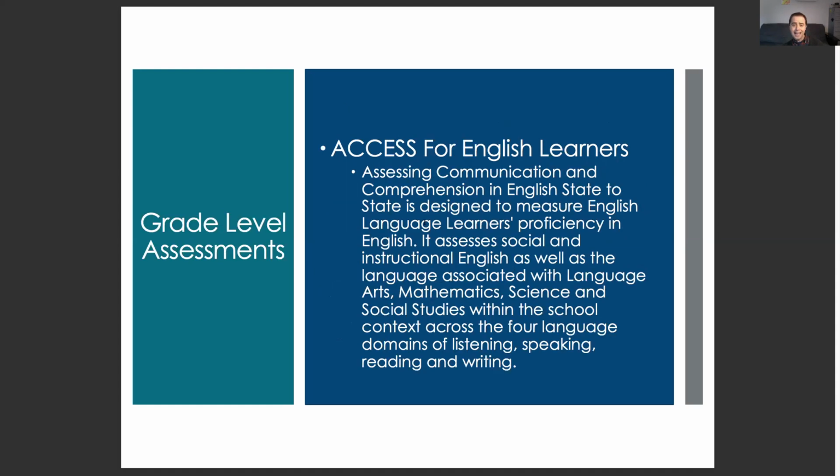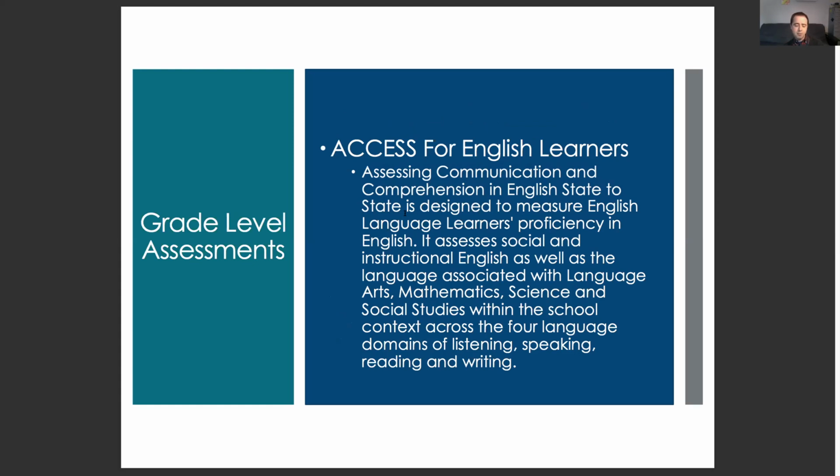That takes us to the ACCESS for English Learners, which stands for Assessing Comprehension and Communication in English State-to-State for English Language Learners, and it's designed to measure English language learners' proficiency in English. It assesses social and instructional English as well as language associated with language arts, mathematics, science, and social studies within the school context across the 4 language domains of listening, speaking, reading, and writing.